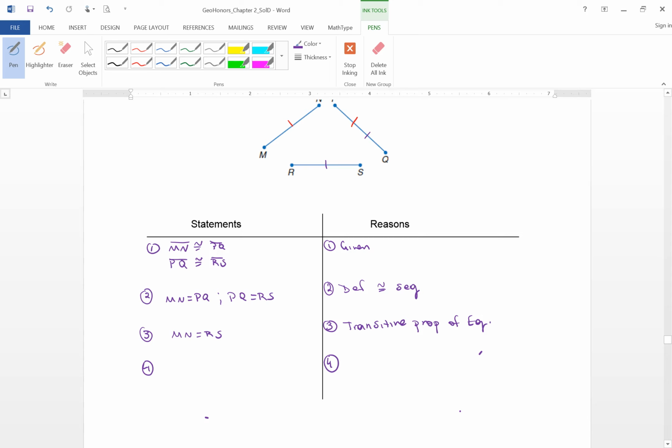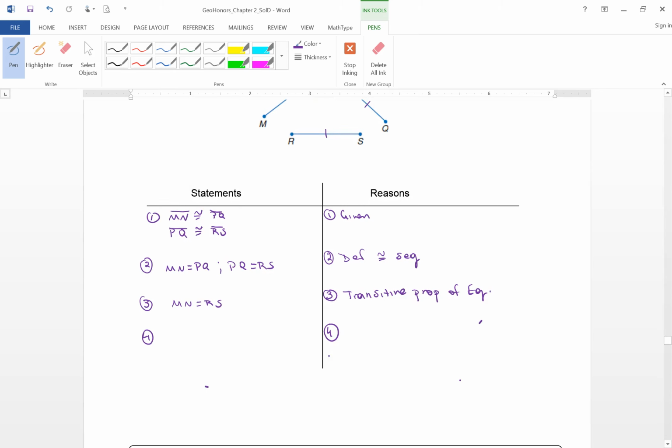So that you just get that answer? Right, this is a lot more straightforward. You really want to choose a direct path when you're doing your proofs. So now, if MN is equal to RS, then segment MN is congruent to segment RS, and this is the definition of congruent segments. Okay? And there you have it.